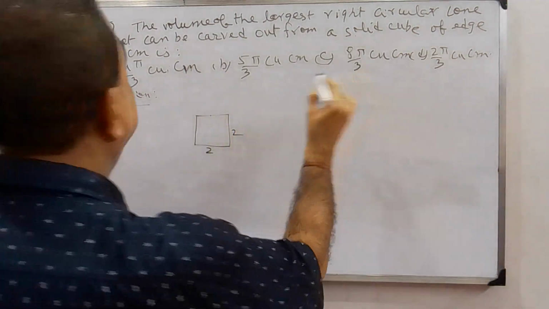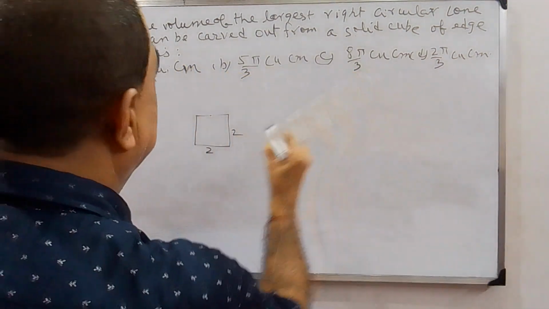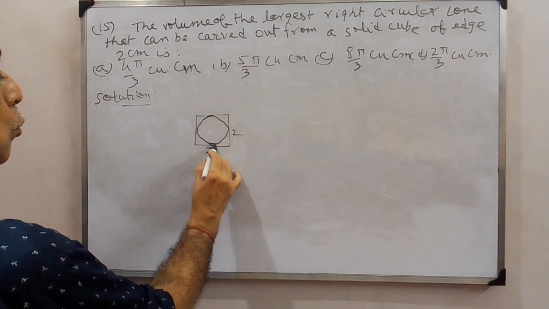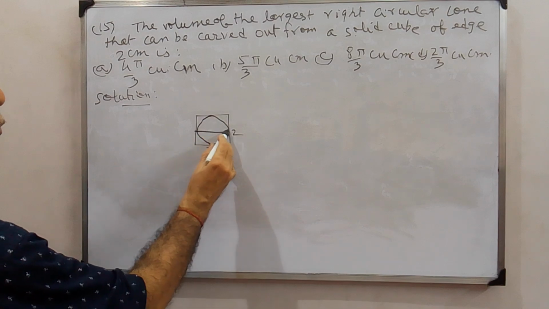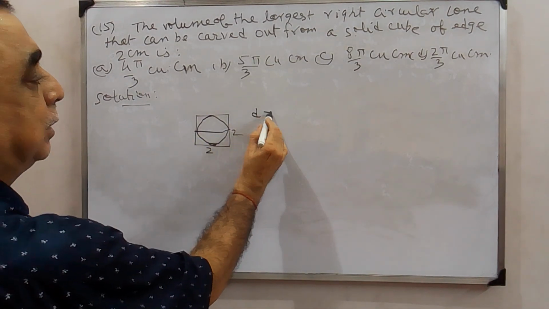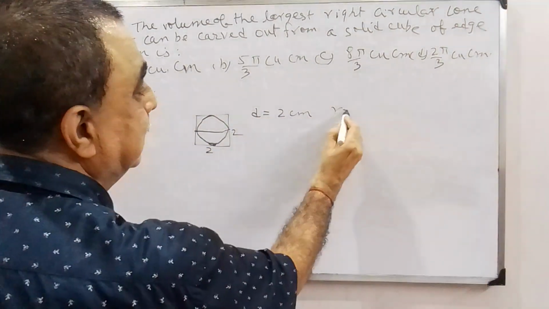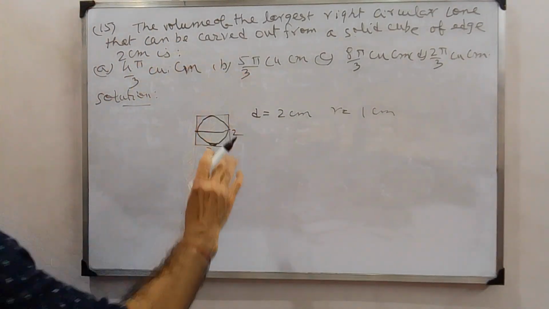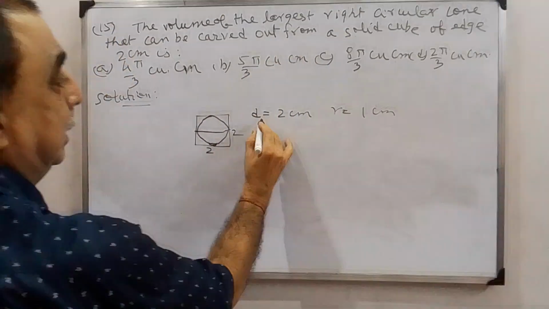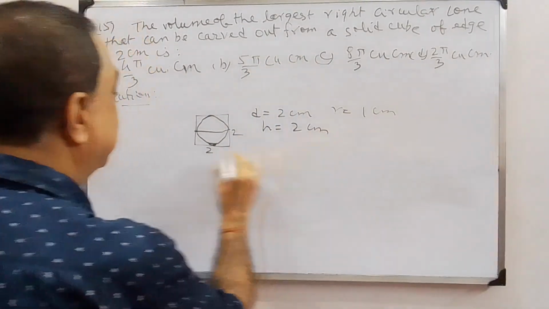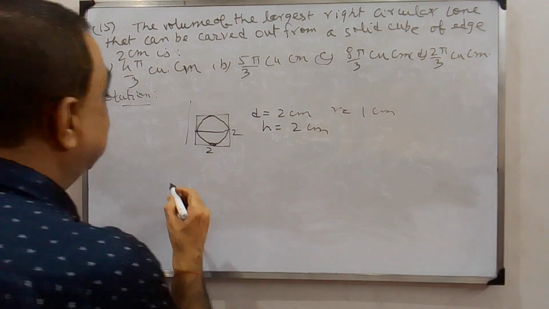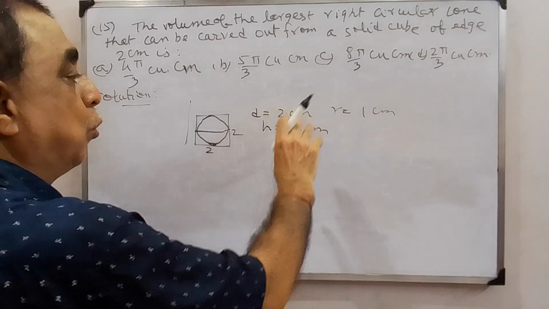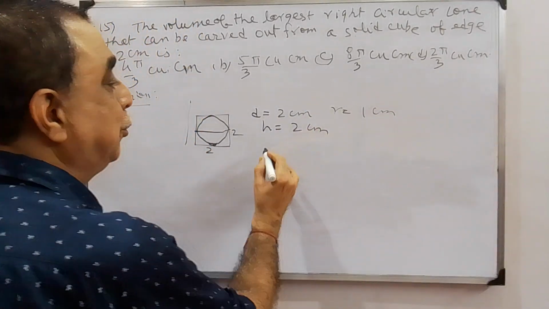The base of the largest cone will be a circle whose diameter equals 2 centimeters, so the radius will be 1 centimeter. The height of the cone will be the same as the height of the cube, so the height will be 2 centimeters.